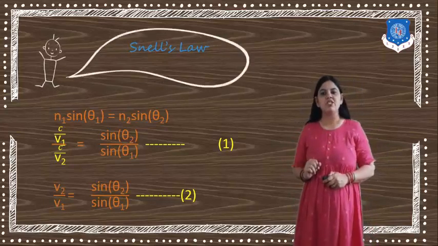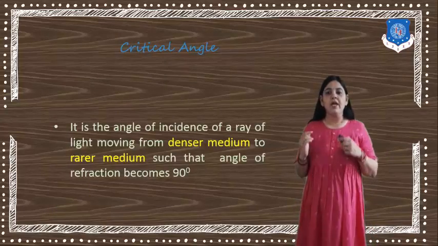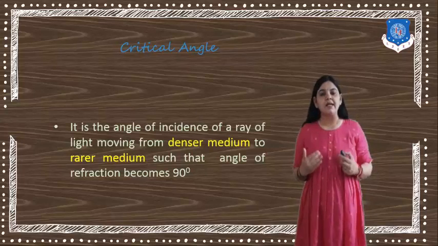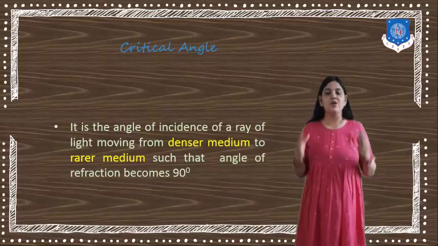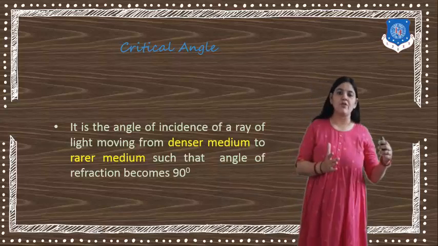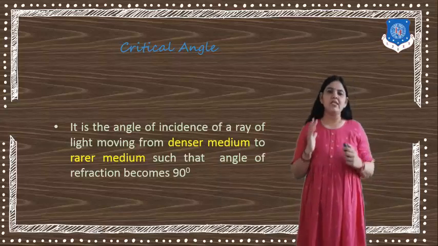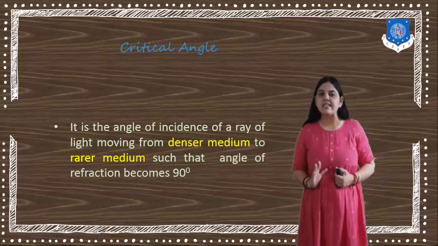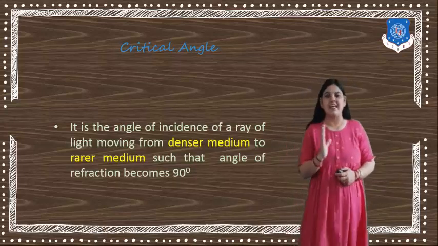This is equation number 2. So we can decide whether the ray will bend towards the normal or go away from the normal by learning Snell's law.